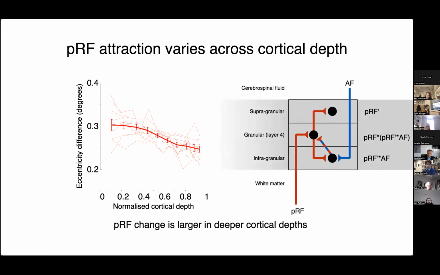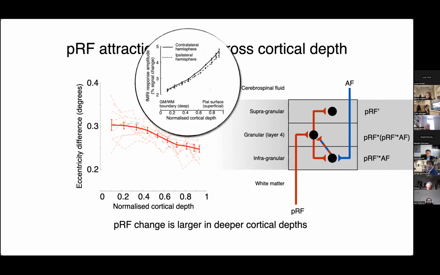Now, if you think about the simplified three-compartment model, then this is an ad hoc explanation of what we think is happening. The signal comes in at the central layers, then it's spread to the deeper and superficial layers, and the attention field operates most strongly on the deeper layers. The other thing of interest is signal amplitude, which we can also look at. There's actually not that much difference in signal amplitude here.